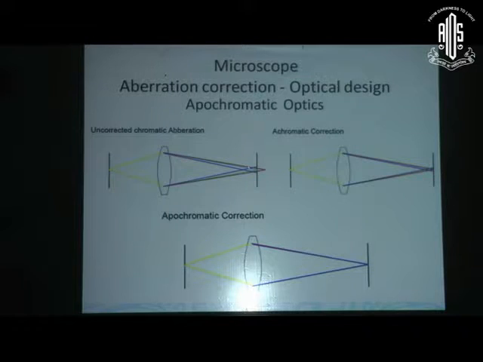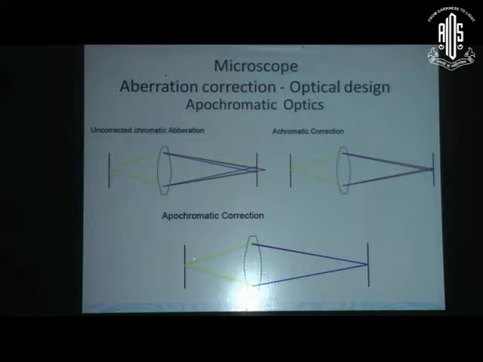Now let us understand, when you buy a microscope, it's important that you understand what exactly the technology is that the particular company is going to give you, because everybody keeps telling you that my microscope is aberration free. Now aberration free is a different entity altogether, and a 100% true apochromatic microscope is different altogether.